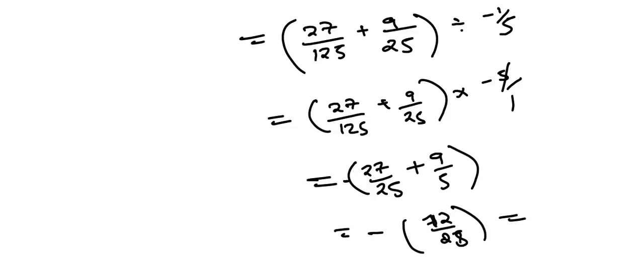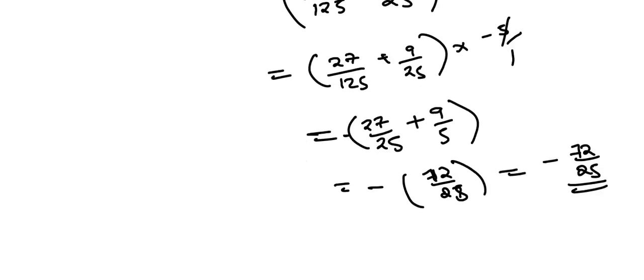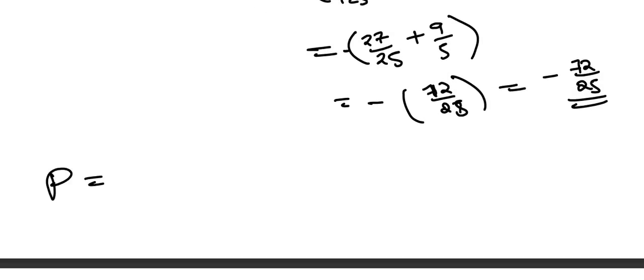That's what you get. So the answer is negative 72 over 25. Please do correct me in case I'm wrong, because I'm doing this a little bit fast to save on time. So this is the sum that we're getting because of adding this. It's negative.